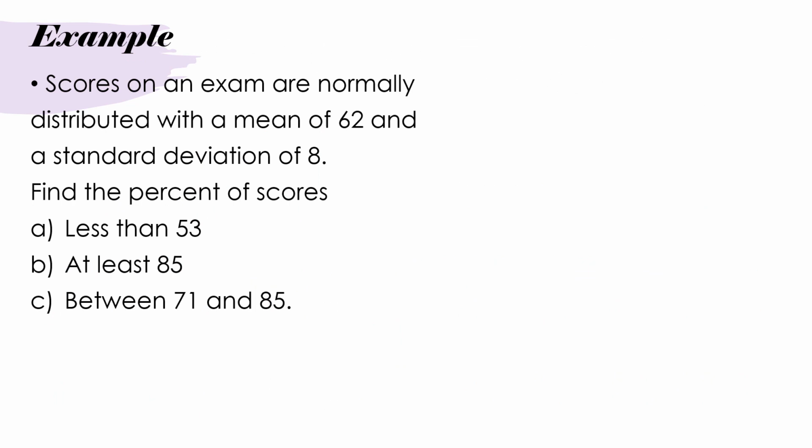Now in order to understand the usage of this table, let us take this example. The example talks about the scores of an exam which is normally distributed with mean 62 and standard deviation 8. We are interested in finding the percentage of scores which are less than 53, at least 85, and between 71 and 85.